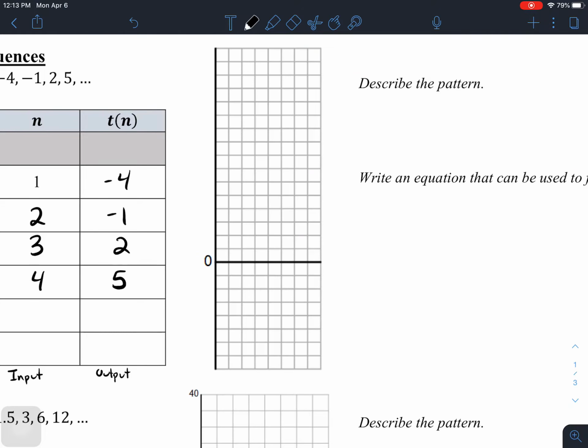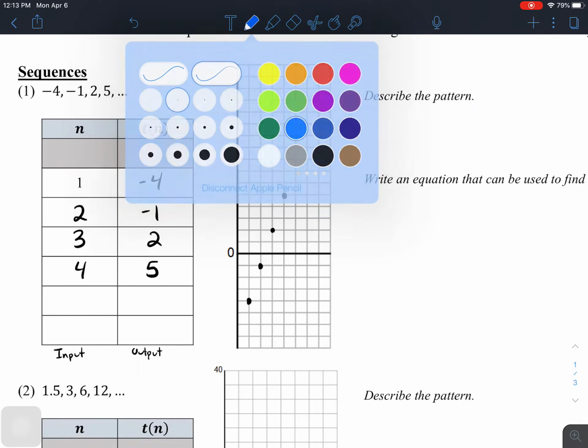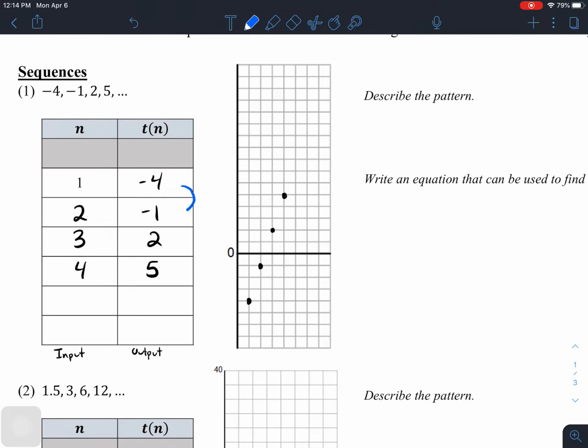If I were to plot these on this graph, at 1 I'm at -4, at 2 I'm at -1, at 3 I'm at 2, at 4 I'm at 5. I can start to see that there is a pattern in what we're doing. I should be able to find the rest of the numbers, and I can look at it just from the table. How do I go from -4 to -1?